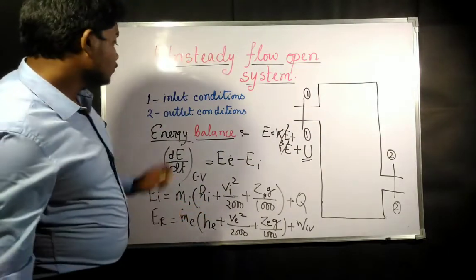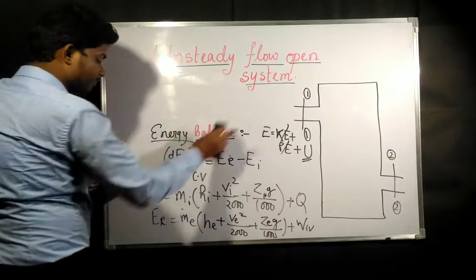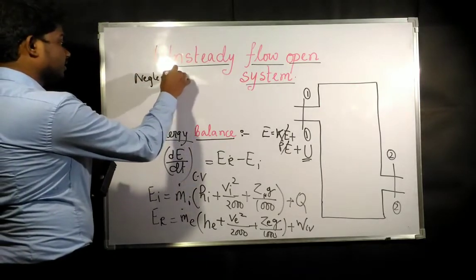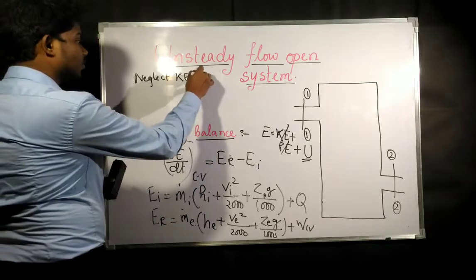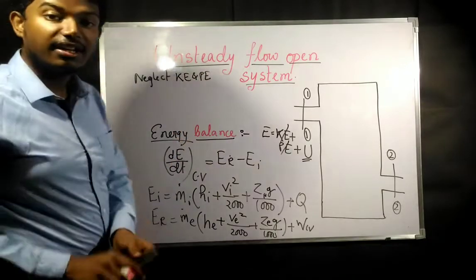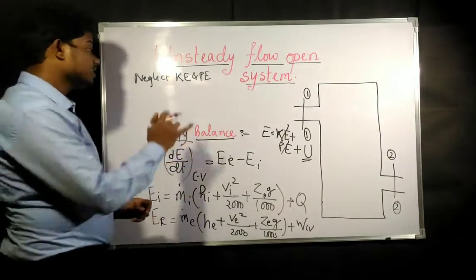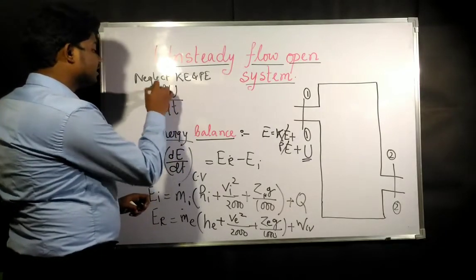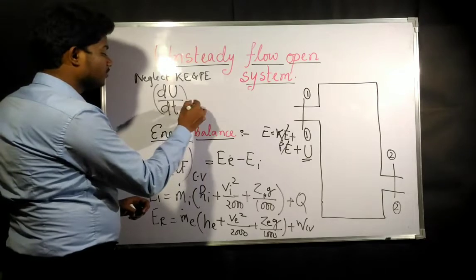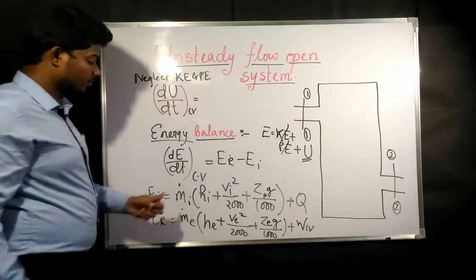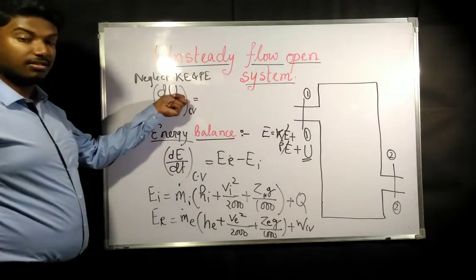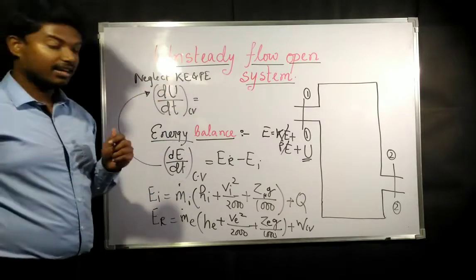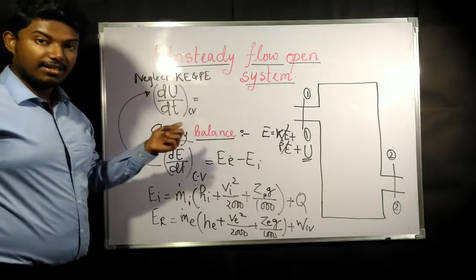So if you neglect kinetic energy and potential energy, you will get only the change in internal energy with respect to time for the control volume. This term will turn into this if you neglect kinetic energy and potential energy.